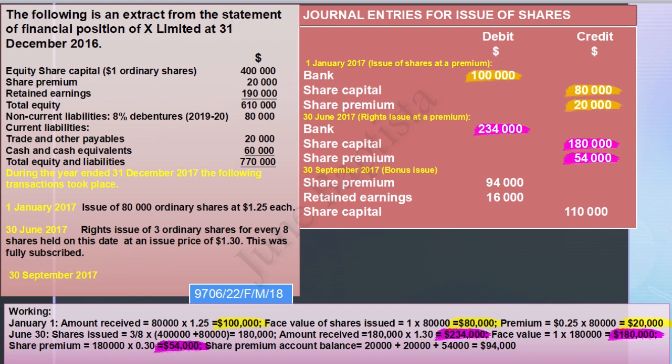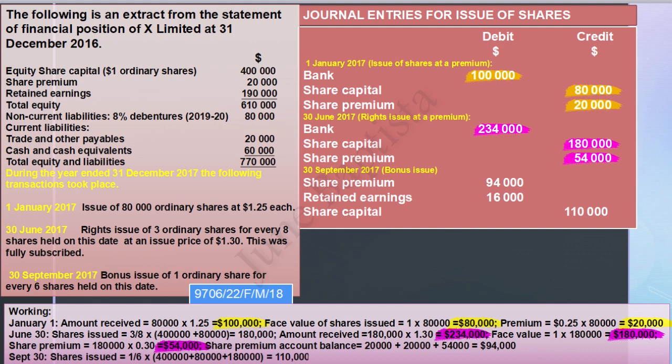On the 30th of September, a bonus issue of 1 ordinary share for every 6 shares held on this date was made. Let us look at the working. The shares issued would be 1/6 of 400,000 that we started out with, 80,000 issued on the 1st of Jan, 180,000 issued on the 30th of June to give us 110,000 shares.